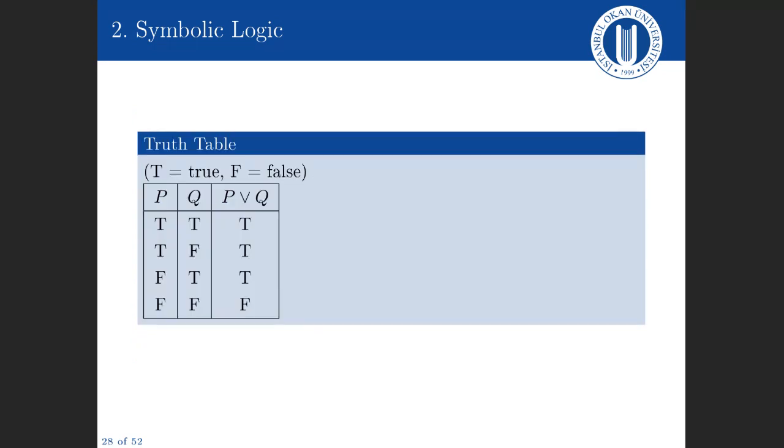We can understand or using a truth table. We have P and Q. Each of P and Q can be true or false. 2 times 2 is 4. So we have 4 rows to this table.